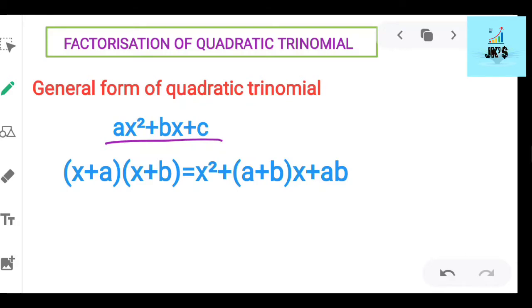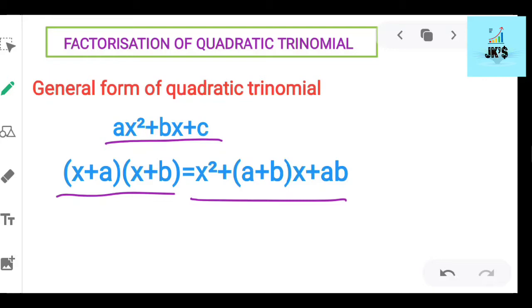This quadratic trinomial is written in the form of factorization, that is x plus a and x plus b. When we expand this, x square plus (a plus b) into x plus ab. Okay, this is another form of the ax square plus bx plus c.